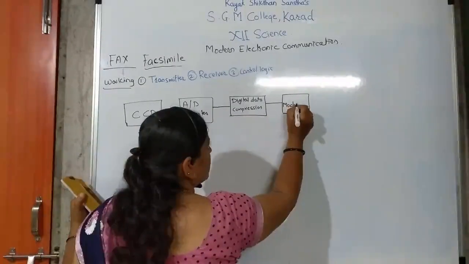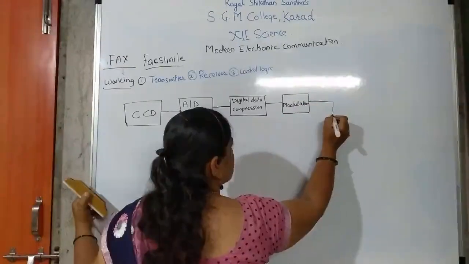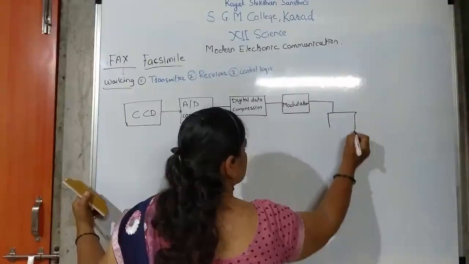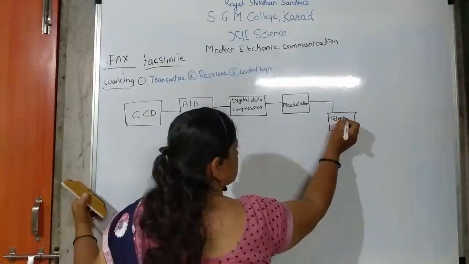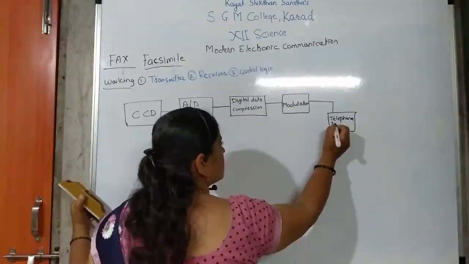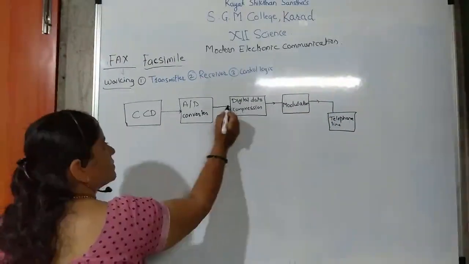Modulation, and that modulation is connected to the telephone line. This is what the telephone line signal is.